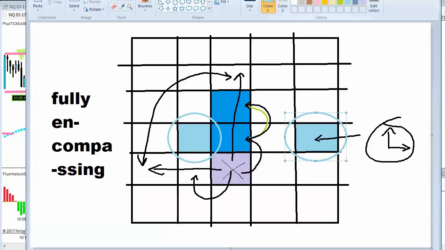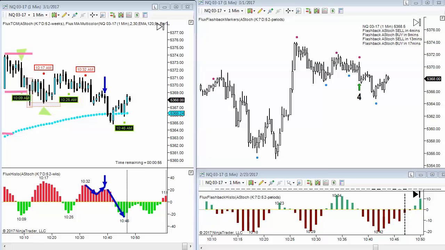Everything that happened was completely different here and here than what happened here. So the data from here has nothing to do with this day or this day. And yet, when we look at the two results, it makes a fairly compelling argument, doesn't it?